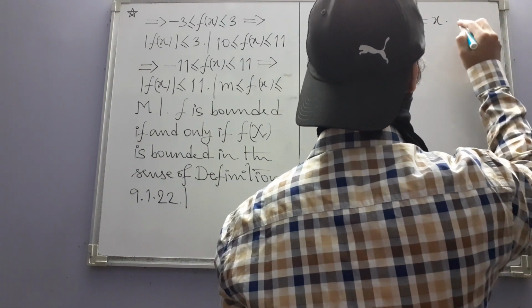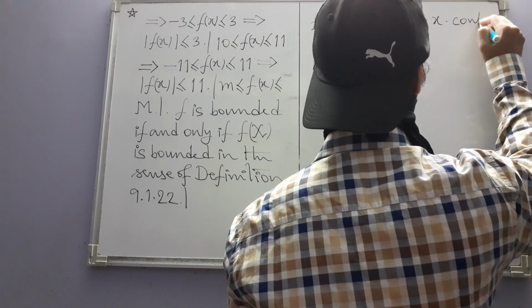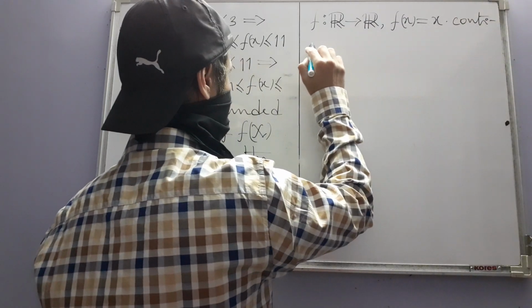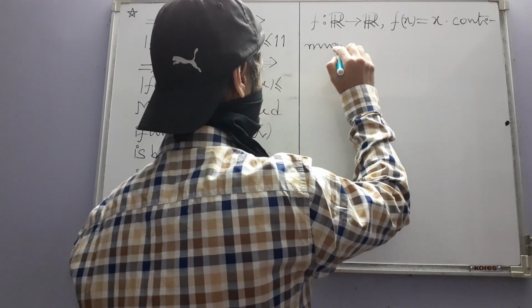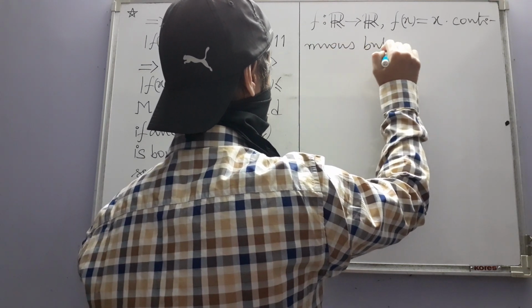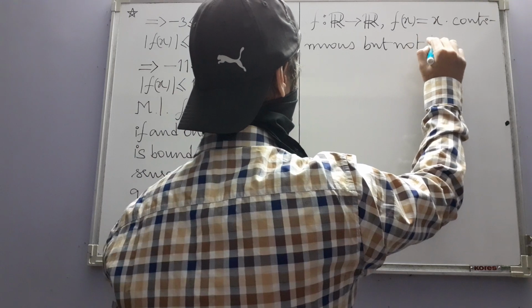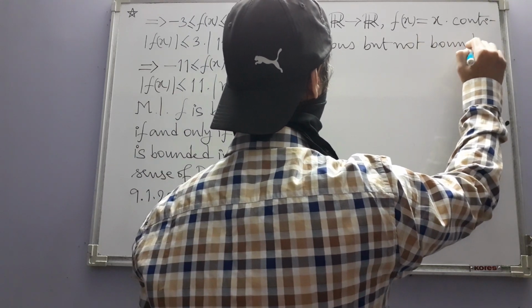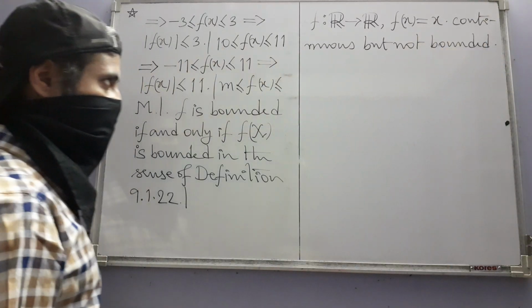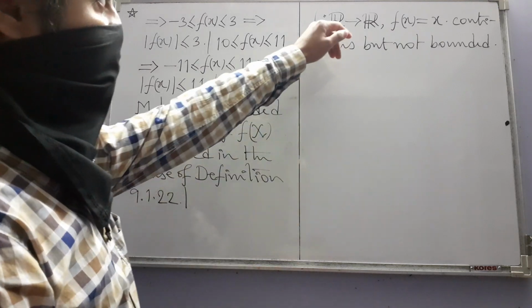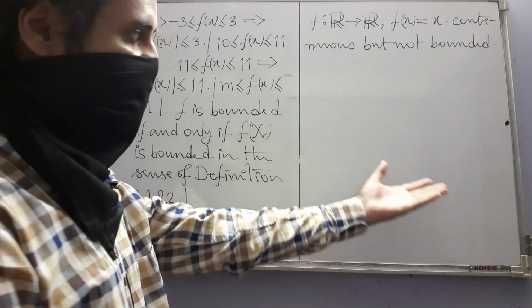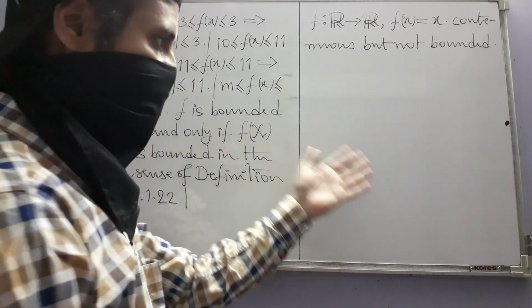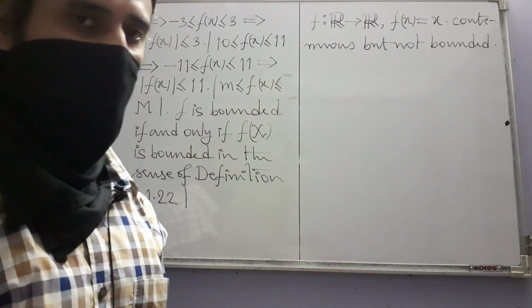But this is continuous. So it is continuous but not bounded. You may think that this has something to do with R being itself unbounded. So we have got infinite room to make this happen.